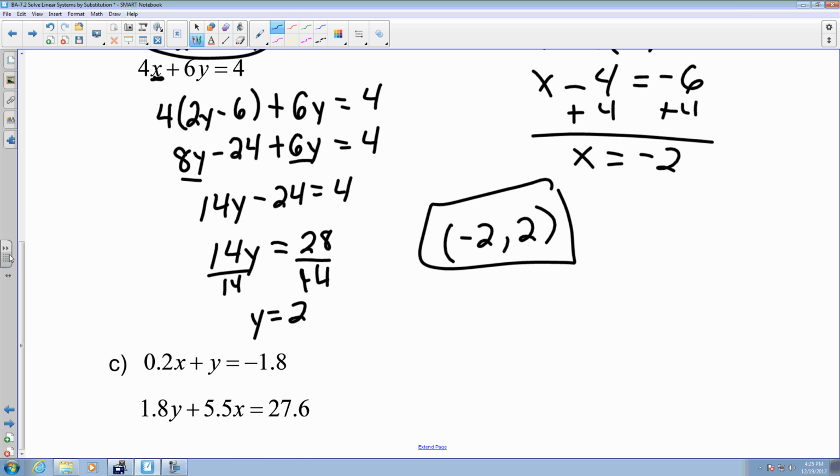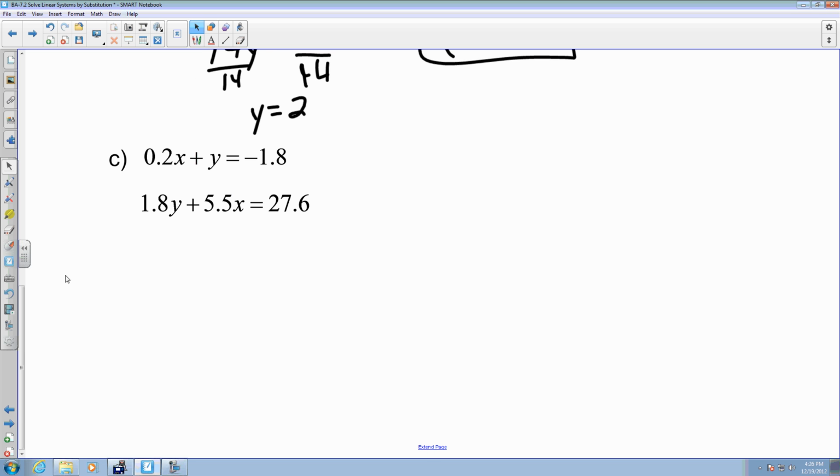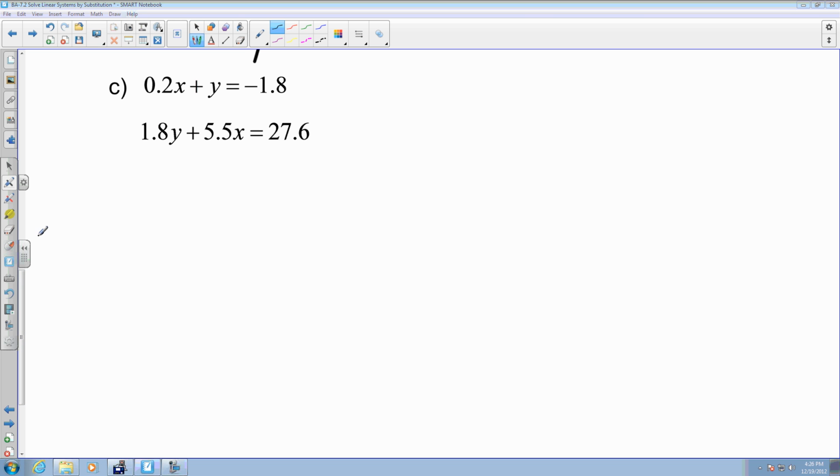Let's look at this one. So I have 0.2x plus y equals negative 1.8, and I have 1.8y plus 5.5x equals 27.6.